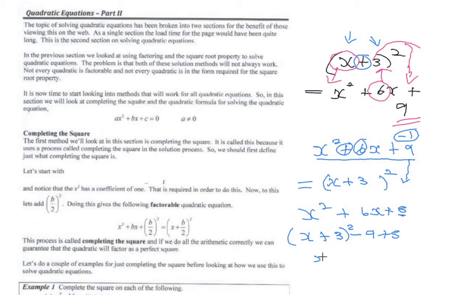So my answer will be (x + 3) squared minus 1. You see, the bracket squared gives me x squared plus 6x plus 9, and then the minus 1 brings me back to the 8 there.